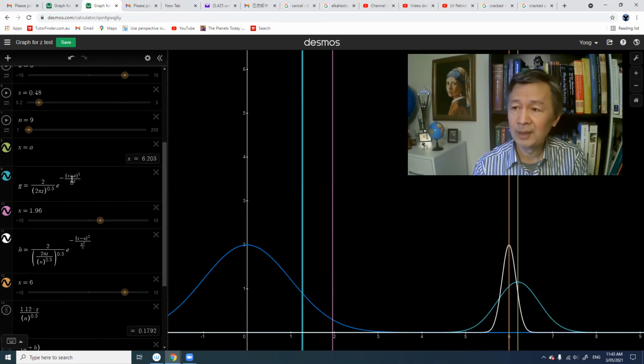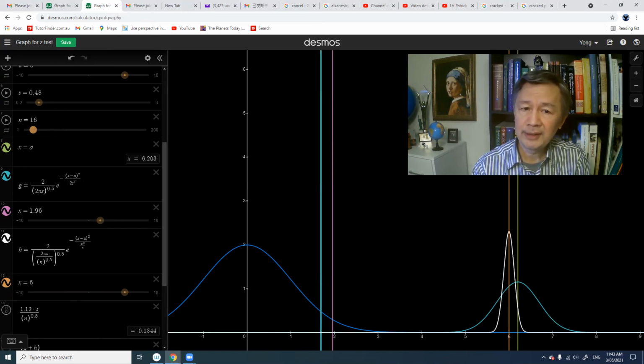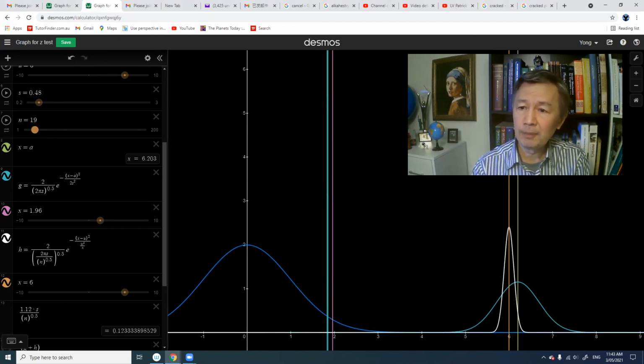We should use the Student's t-test. That's okay, but to discuss this issue, we can assume that we can still use the standard normal distribution for our z-score test. However, if we increase this number n, you can see it can easily go beyond that critical point.